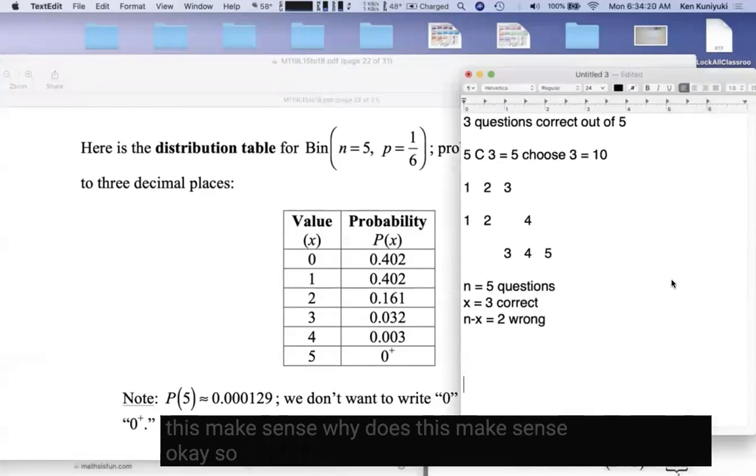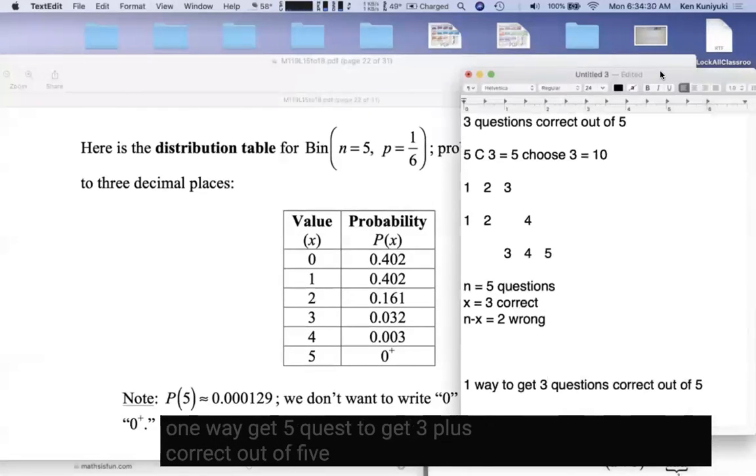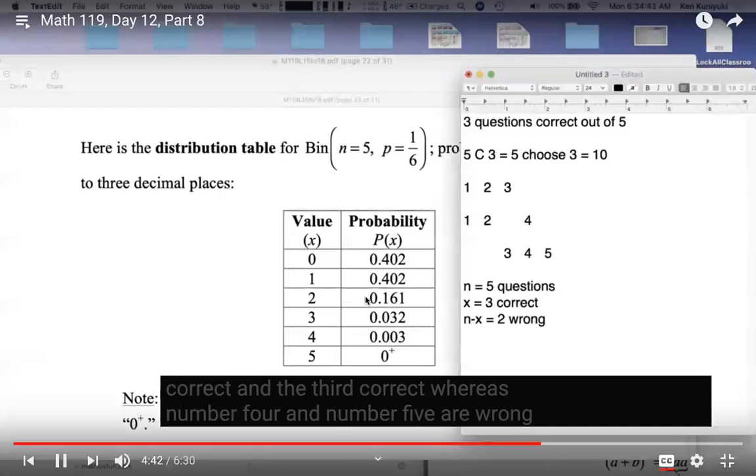Okay, so let's take a look at one way to get 3 questions correct out of 5. Well, one way to get 3 questions correct out of 5 is you get the first correct, the second correct, and the third correct. Whereas number 4 and number 5 are wrong.